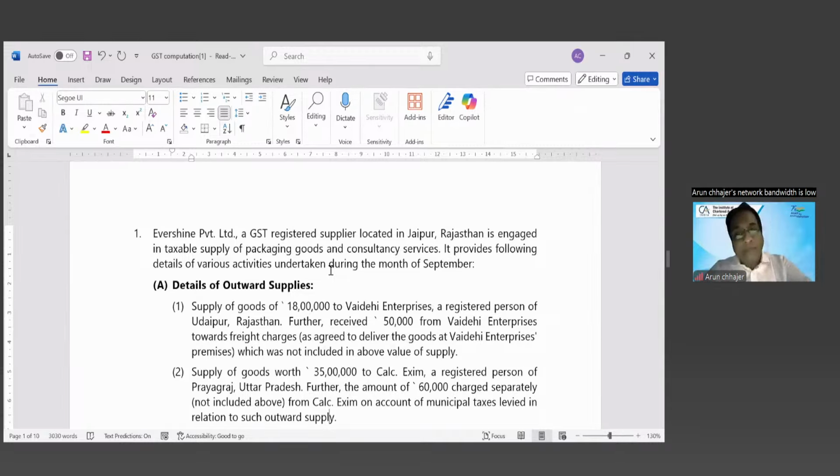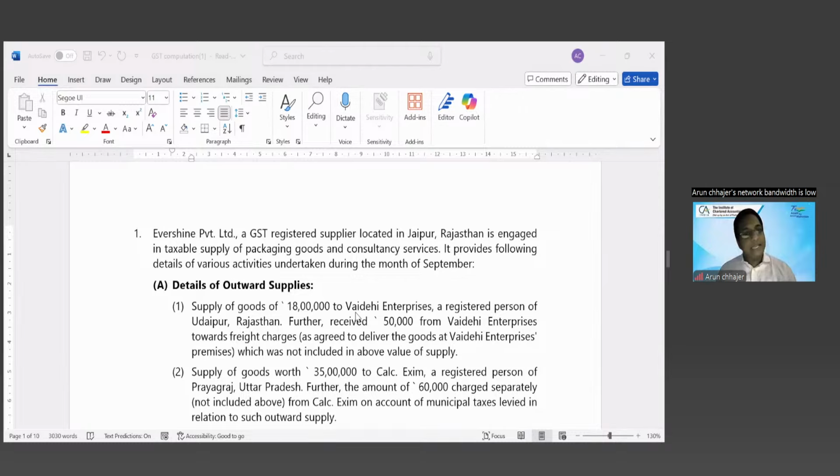Please confirm, will the 50,000 be added in the value or not?